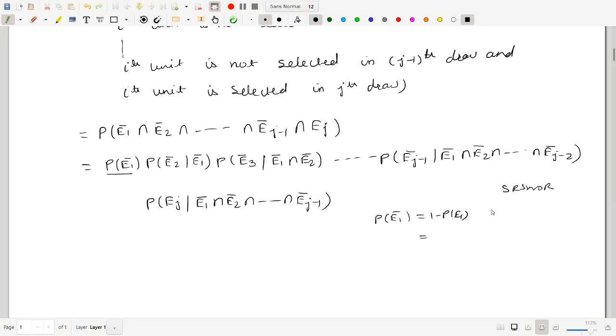For every draw the population size will be reduced, and population size for the first draw is capital N. So probability that ith unit is selected in first draw is 1 upon N, and this is 1 minus 1 upon N. So this first probability is 1 minus 1 upon N.